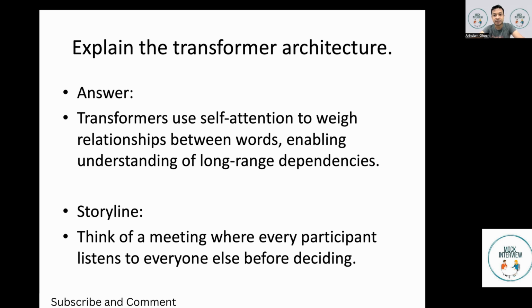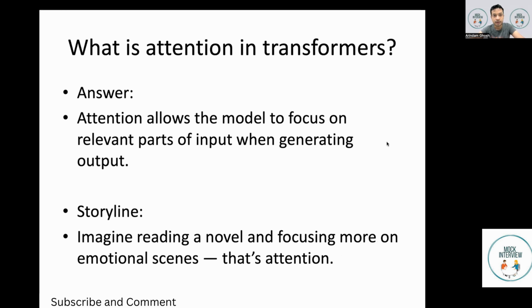Transformers use self-attention to weigh relationships between words, enabling understanding of long-range dependencies. The storyline: think of a meeting where every participant listens to everyone else before deciding. So everyone is learning first, listening first, and generating the required output.